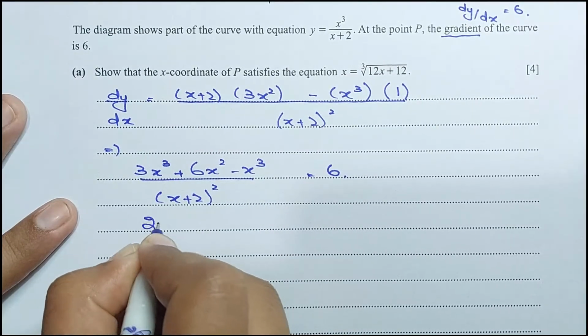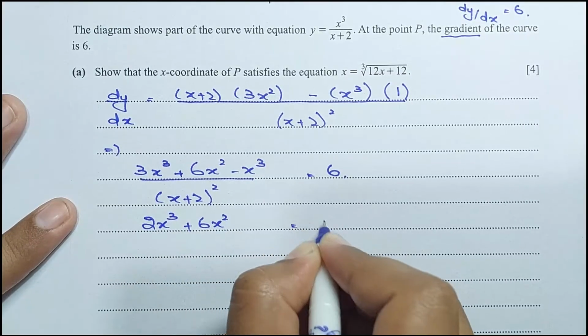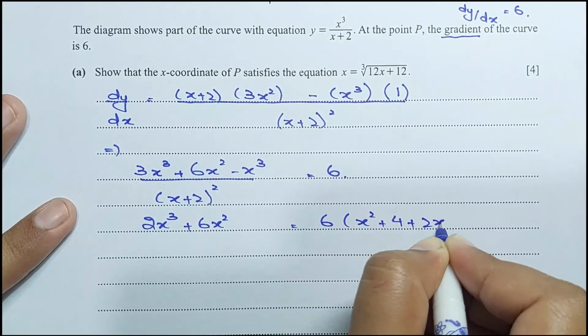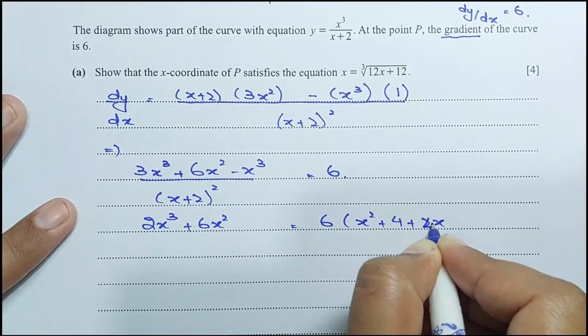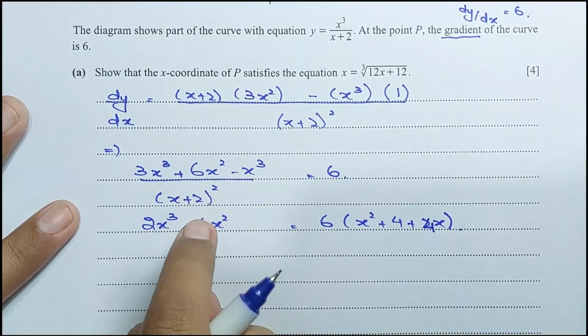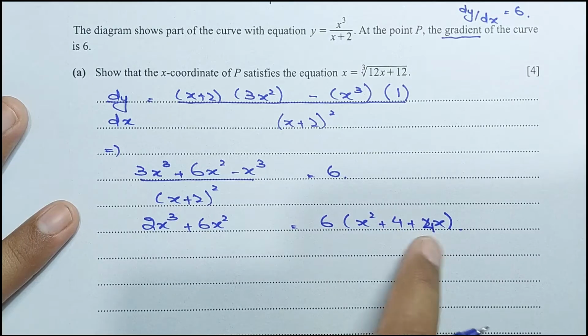So this is 2x cube plus 6x square, and this is 6 times x square plus 4 plus 4x. X square, 2 square would be 4, and 2 times 2 times x would be 4x.